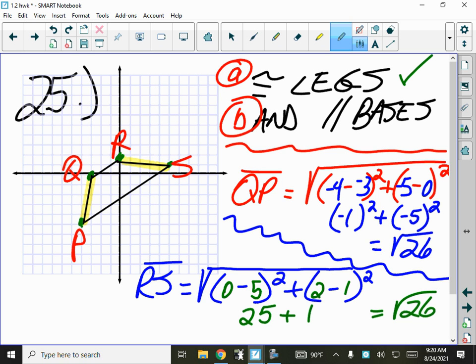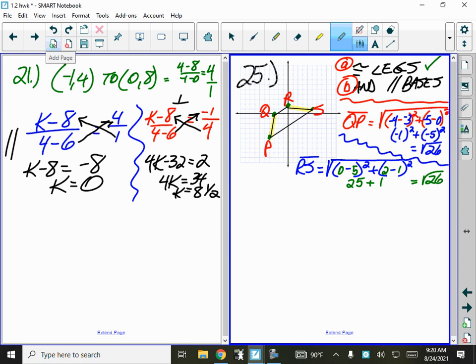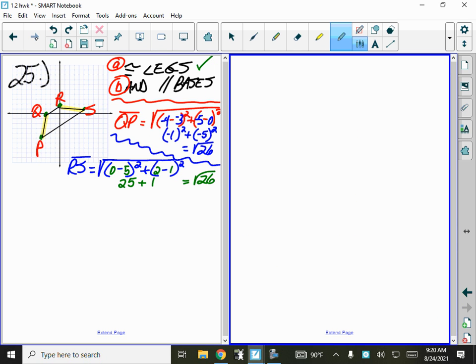Now for parallel bases. How do I do parallel bases? What do I have to show? They have the same slope. So now I pretty much have to show that the slope of QR is parallel to the slope of PS.